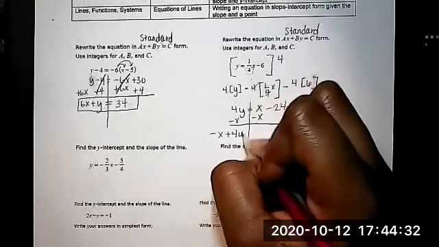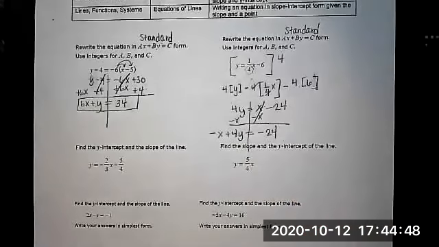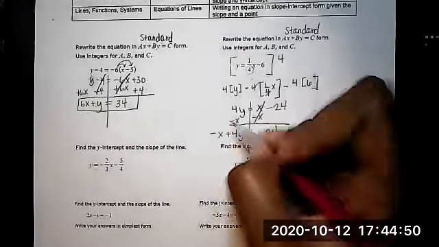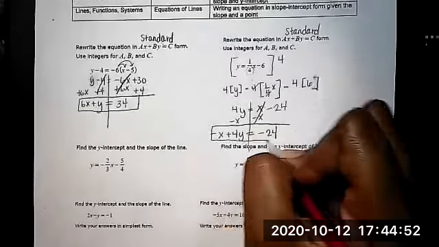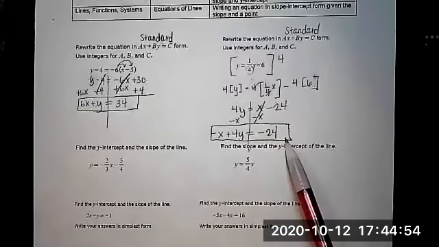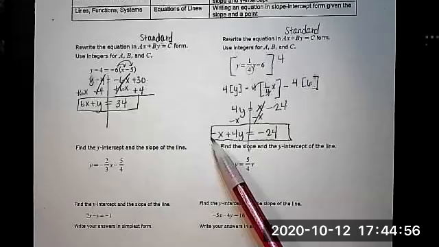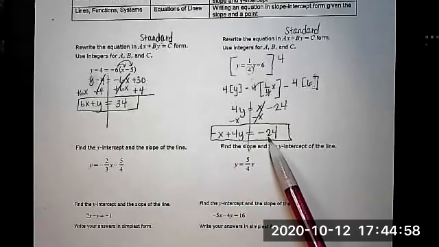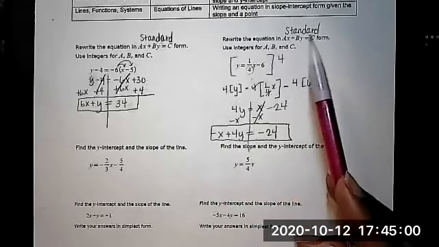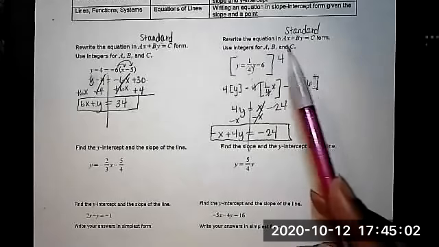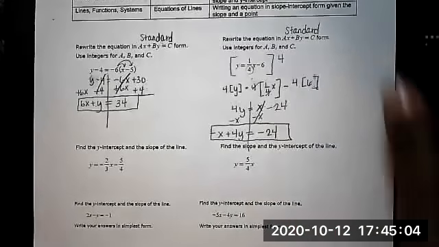Negative x plus 4y equals negative 24. That is my answer in standard form. Okay. A would be -1, B would be 4, and C would be -24. And it wants your answer in standard form, so you can't have any fractions.